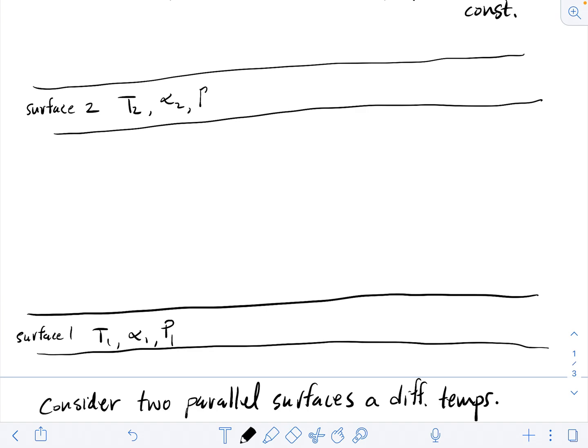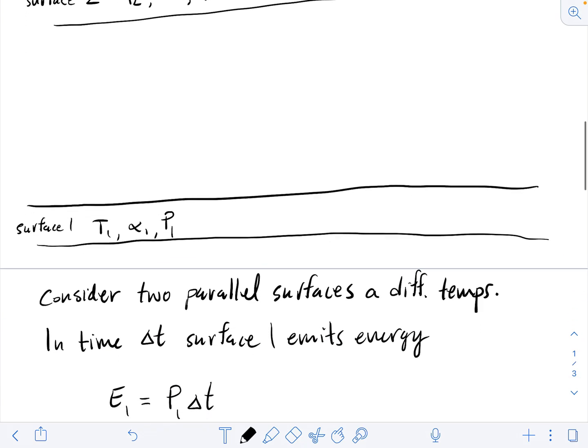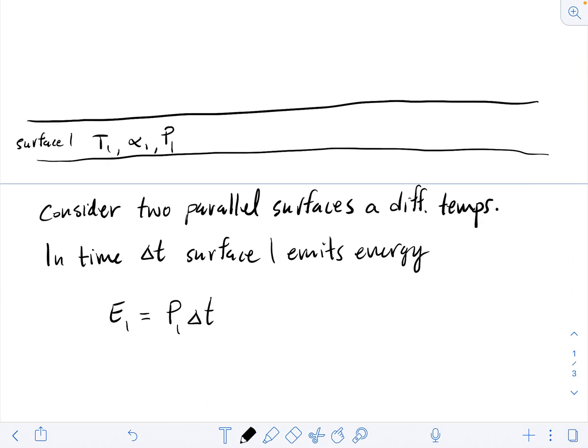Let's say the bottom surface is radiating power P1 and the top surface is radiating power P2. So surface 1 emits energy E1 equal to P1 delta t, and this is energy emitted in the form of photons.